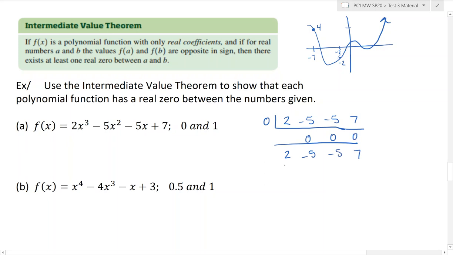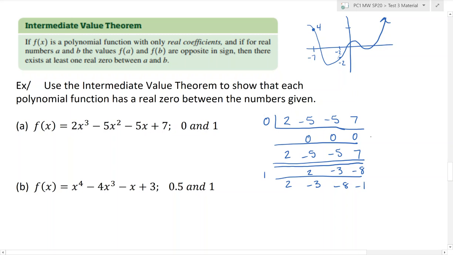There we go. And so I know that I have this point (0, 7). And then let's try putting in a 1. If I put in a 1, it's 2, -3, -8, -1. And so I have the point (0, 7) and the point (1, -1).